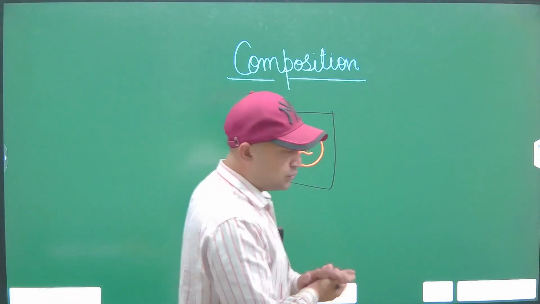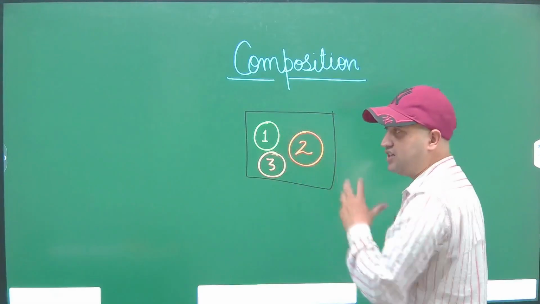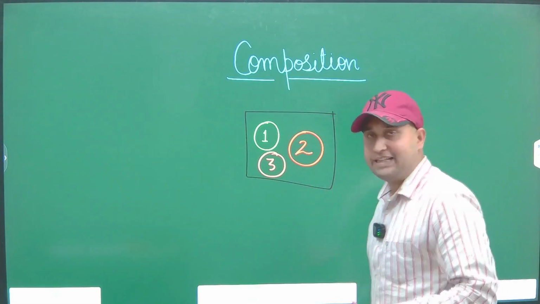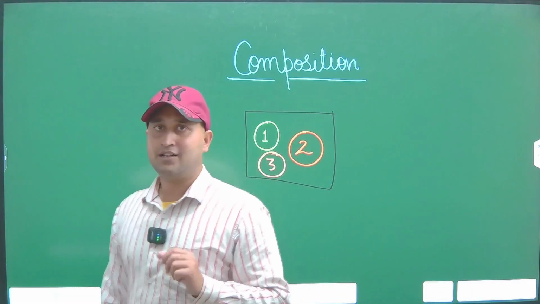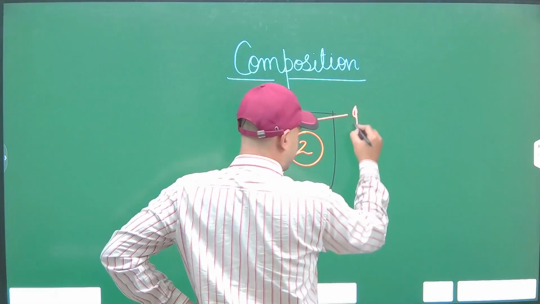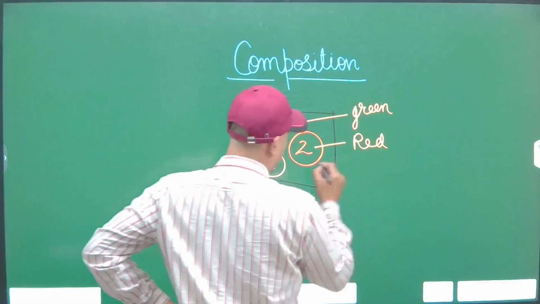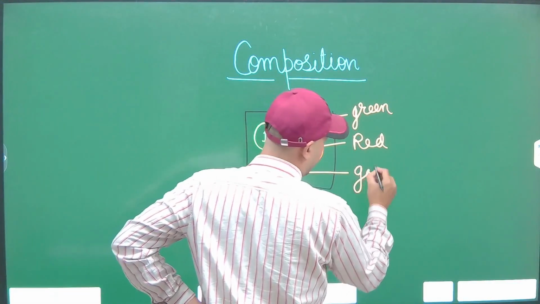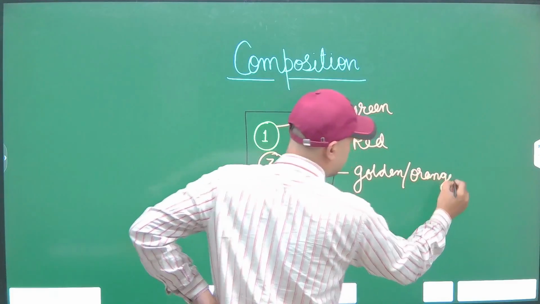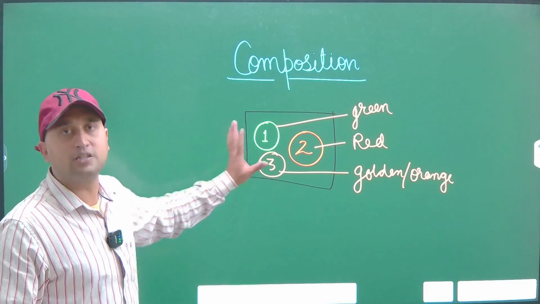Now if I ask you that this is a box and in this box we have 3 balls, what is the composition of this box? Then you will tell me this box comprises 3 balls. One is a green color ball, another is a red color ball, and the third is a golden or orange color ball. This is the composition of the balls in this box.